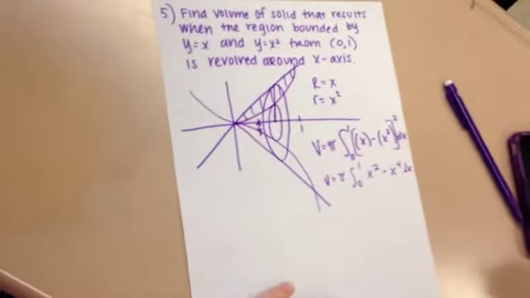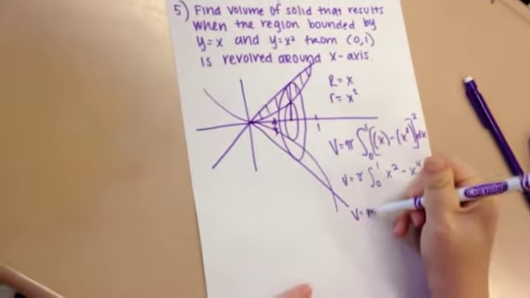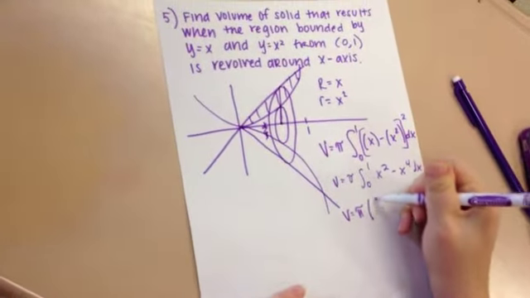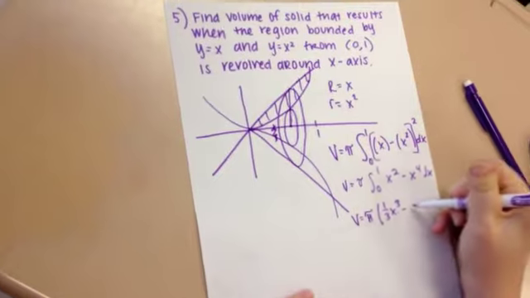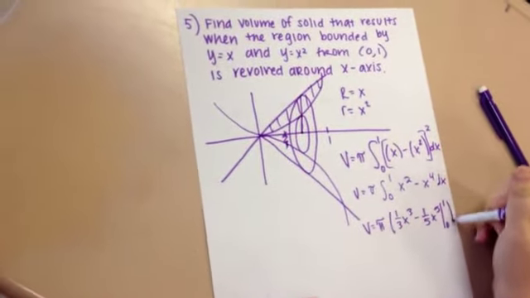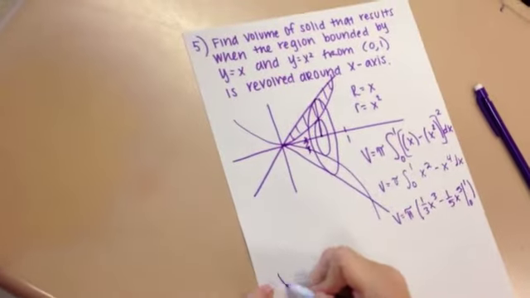Perfect. And then you just find the antiderivative and plug in the numbers. So that's 1/3 x cubed minus 1/5 x to the 5th from 0 to 1? Yeah.